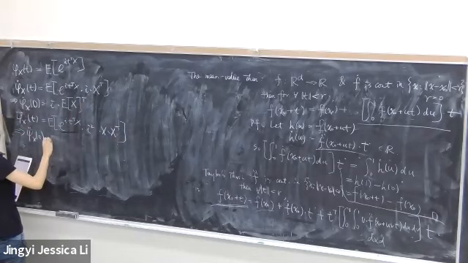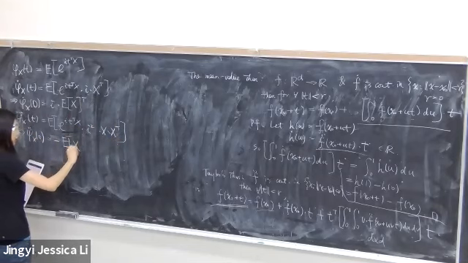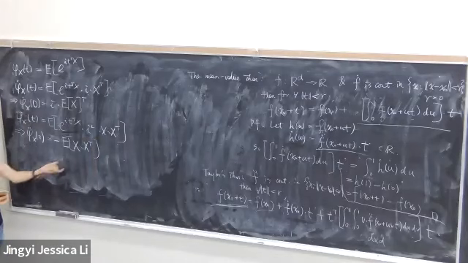This is -1, so I will actually have negative the expectation of x times x transpose. This is the second moment of x, and we can get it by evaluating the second derivative of the characteristic function at 0.